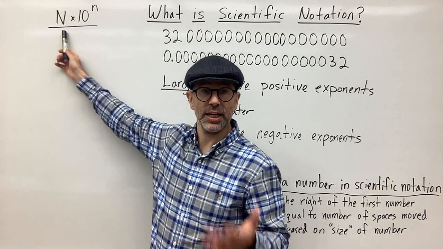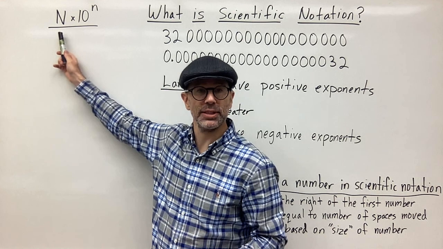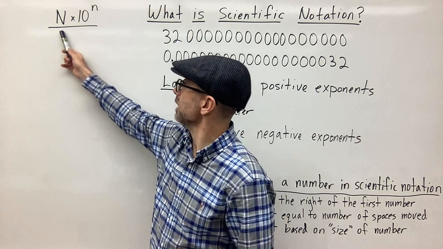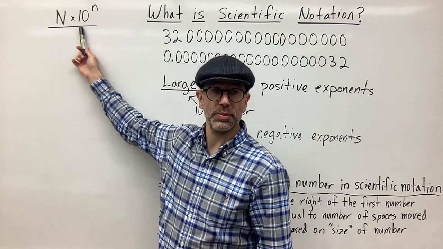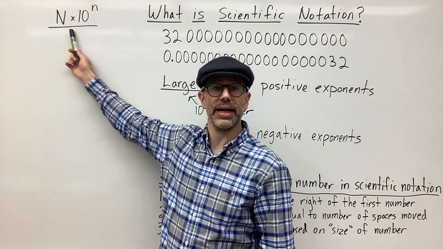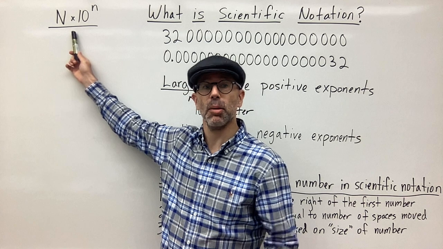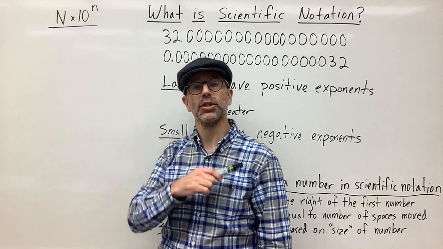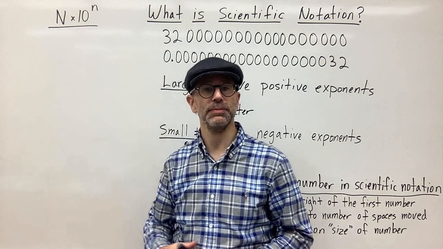It could be equal to 1, but it's not going to be equal to 10. So it's going to be between 1 and 10 usually. And then this is going to be multiplied by a factor of 10, 10 to some power. And so that's the form we're going to put the numbers into, and that's scientific notation.